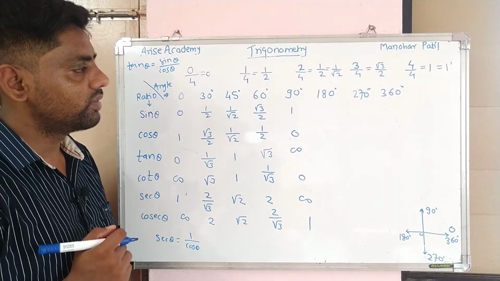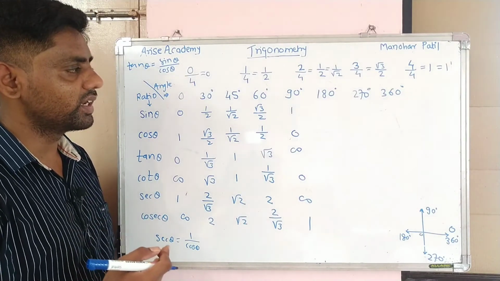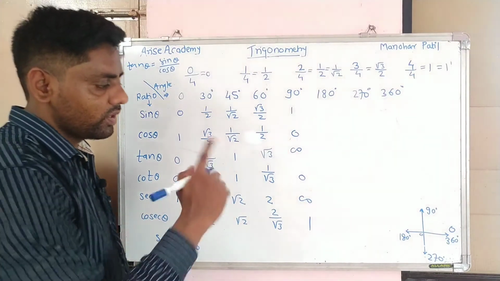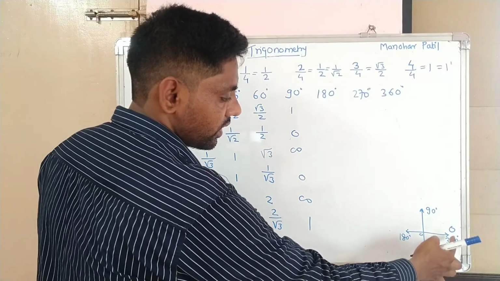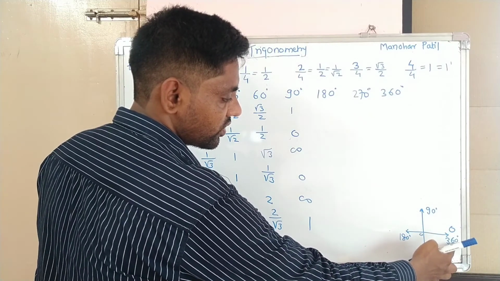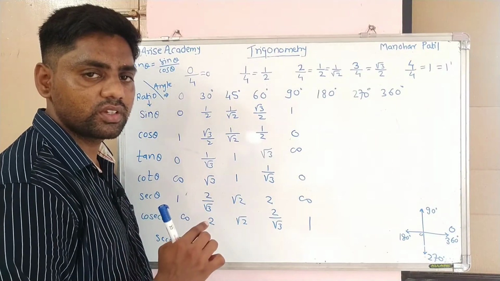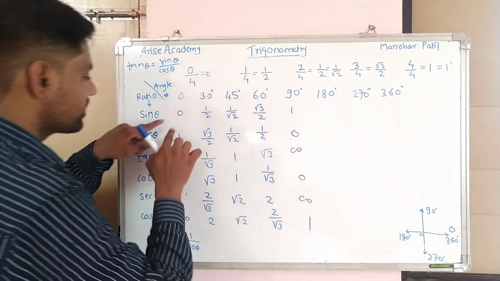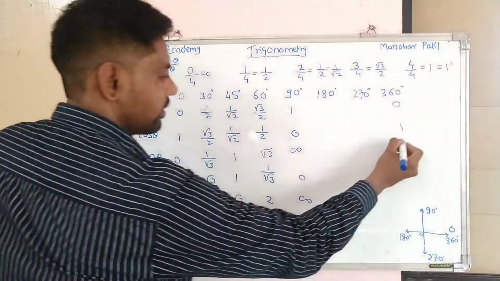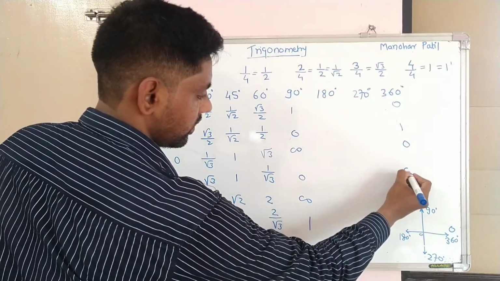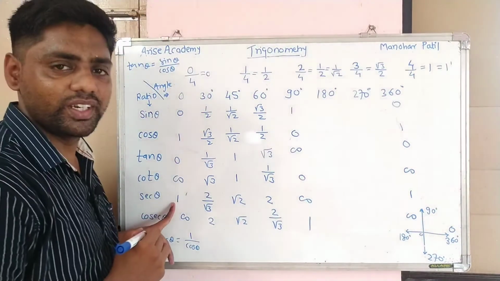Let's see how to find the values for the remaining angles, that is 180 degrees, 270 degrees and 360 degrees. We learned about the quadrant system: 0 degrees and 360 degrees lie on the same axis, therefore the values at 0 and 360 degrees remain the same.